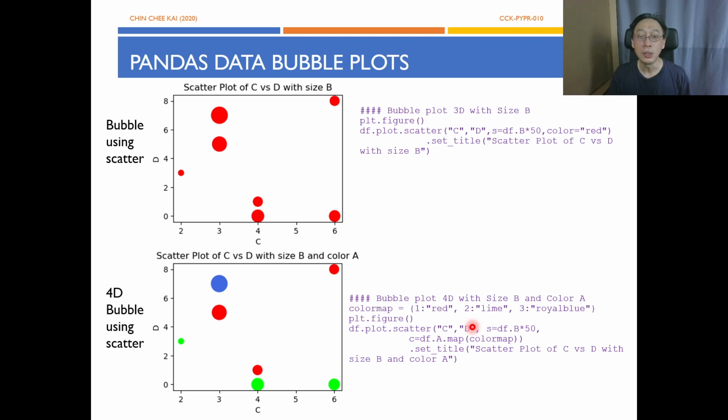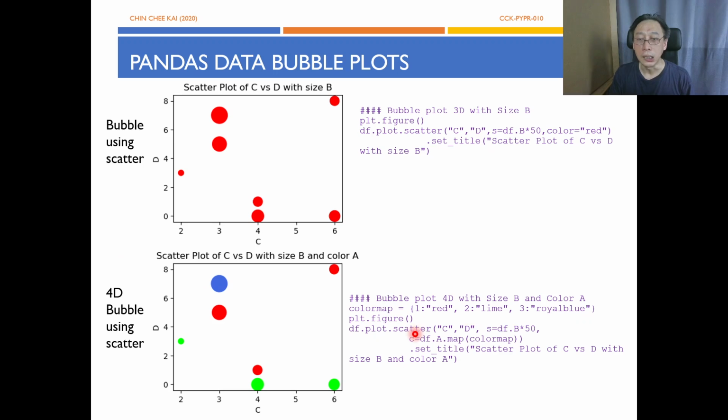Very, very powerful and useful, and it's so easy to set up. For color, we just set up a color map like this. Remember our data frame column A has been set to only three different numbers, 1, 2, and 3. If you have other additional unique numbers, you should define them here, otherwise pandas doesn't know what color to plot. So we have allocated red for 1, lime for 2, so all the 2s in column A are colored lime, and royal blue for 3.